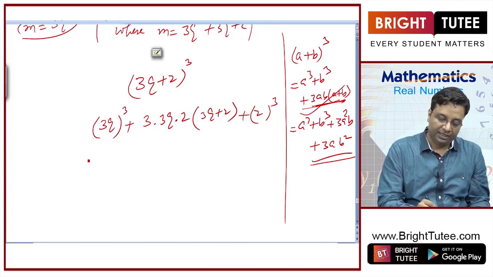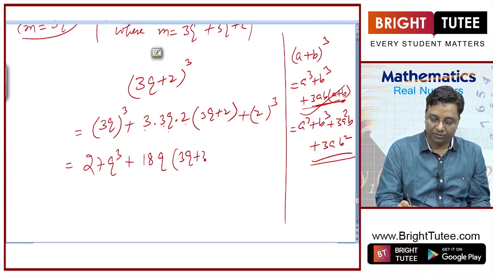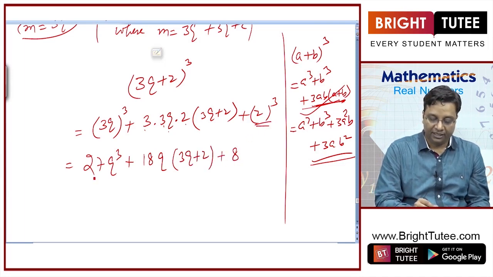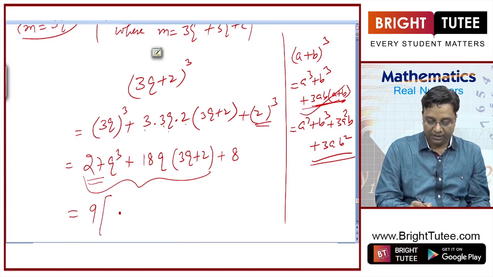Now, this can be written as 27q cubed plus this is 9 into 2, 18q, into 3q plus 2, and this is 8, right. Now, you clearly see that 9 can be taken common from these two terms. If you take 9 common, then what remains inside is 3q cubed plus 2q into 3q plus 2, right.